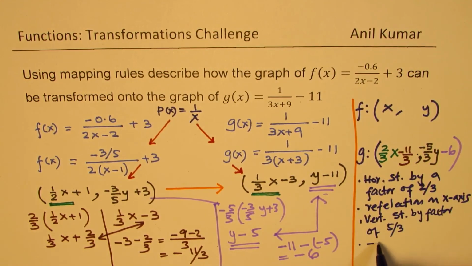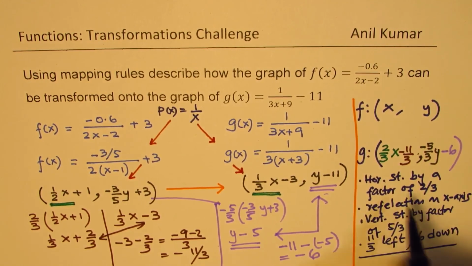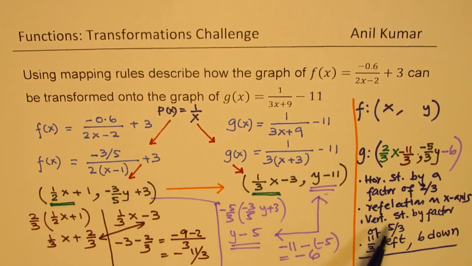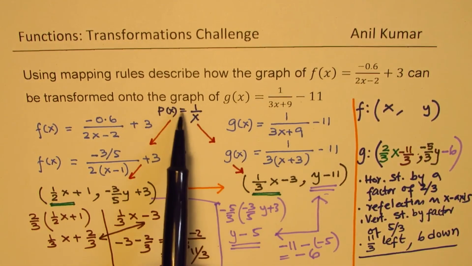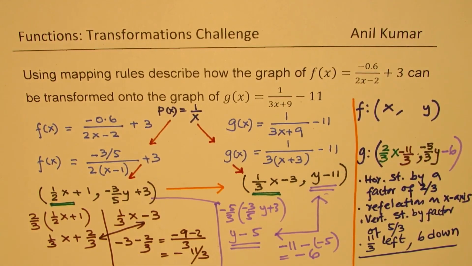It is minus, so we can write 11 over 3 left and 6 down. So that becomes the transformations. That is how the function f of x will be transformed to yield g of x. Does that make sense to you? I hope that clearly explains how you could map and then write the transformations.